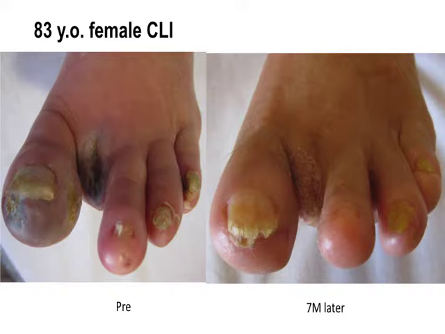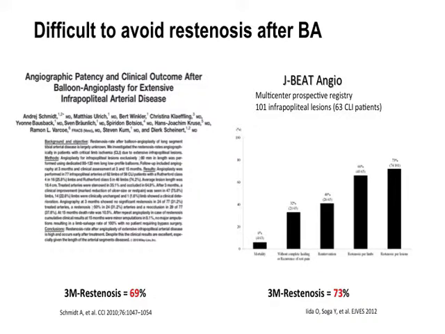So the aneurysm concept is very important, but it's not perfect because after the endovascular procedure for below-the-knee arteries, the restenosis rate was extremely high. Dr. Schmidt and we also investigated that the 3 months restenosis rate after angioplasty for the below-the-knee lesion was around 70%.